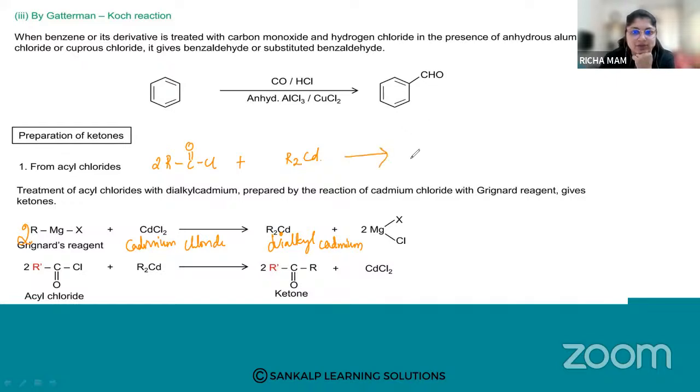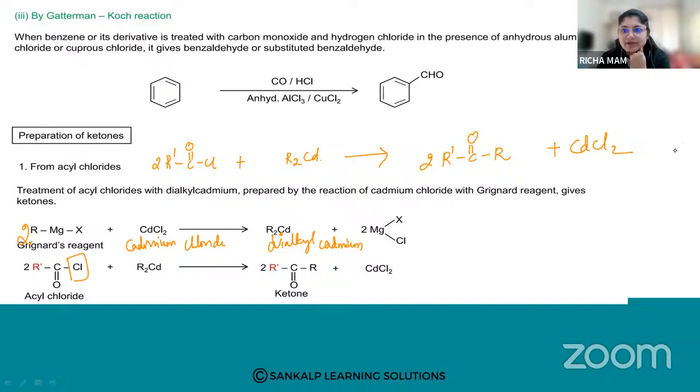Cl is a good leaving group. So what you will get? 2R, we can take R dash, because there are two R, right? Plus cadmium chloride.